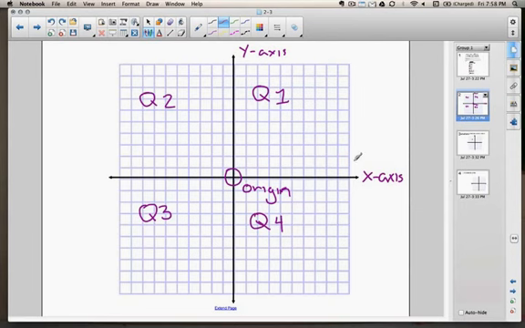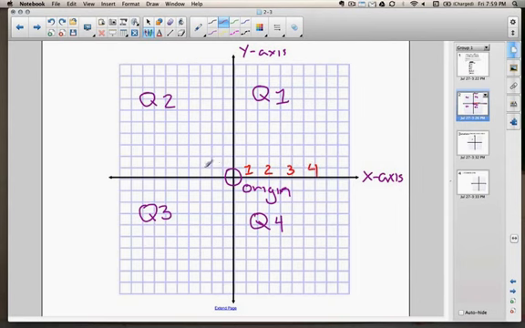One thing that you do need to know about the coordinate plane is that the numbers on this side of the y-axis are the positive numbers, like a number line, and the numbers on this side are negative. So here we could number this 1, 2, 3, and 4.